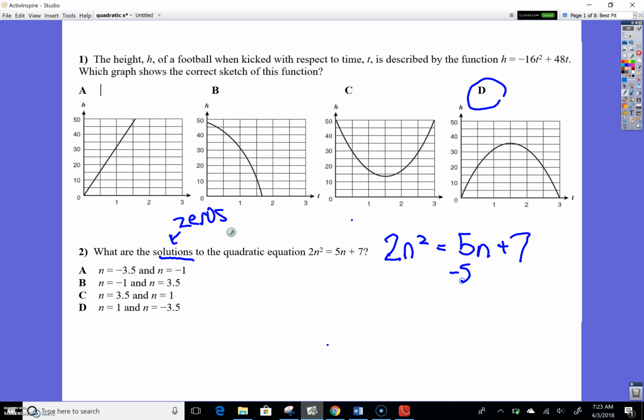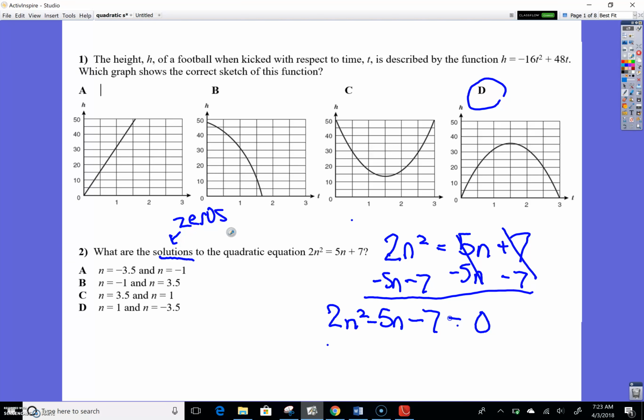So I'm going to subtract 5n and subtract 7 on this side. This one will cancel. That would equal 0. So I have 2n squared minus 5n minus 7 is equal to 0. That's what I'm going to graph.